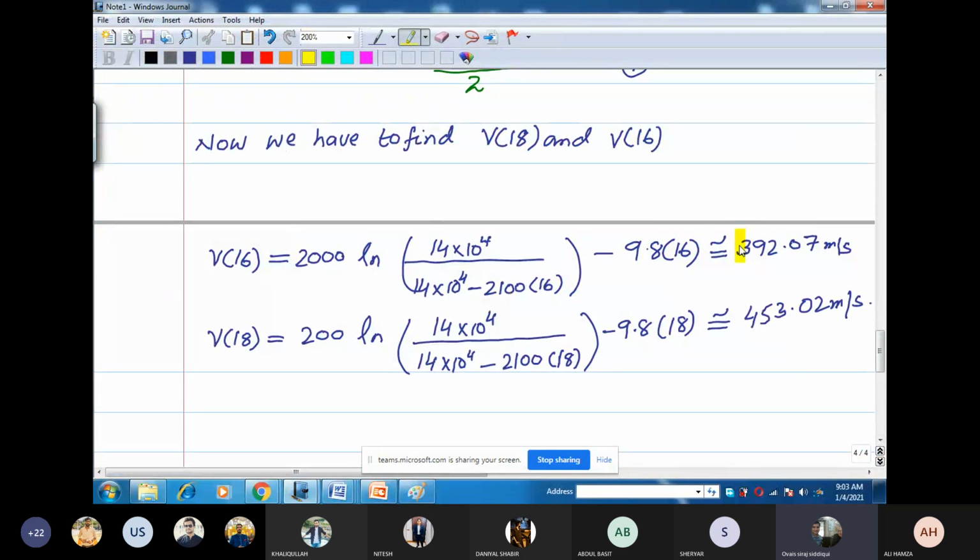This is the velocity for 16, this is the velocity for 18.